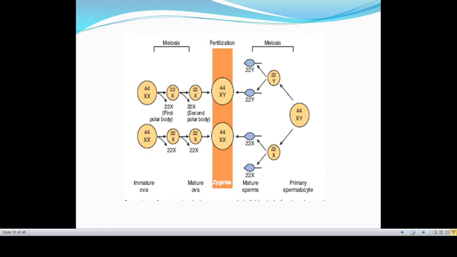This figure shows the basis of genetic sex determination. In the two-stage meiotic division, in the female, only one cell survives as the mature ovum. In the male, the meiotic division results in the formation of 4 sperms, 2 containing the X and 2 the Y chromosomes.